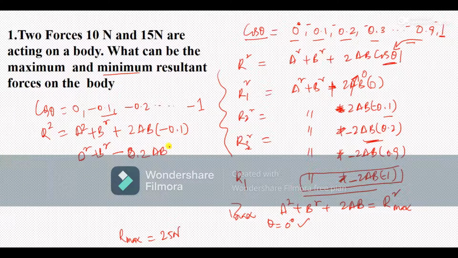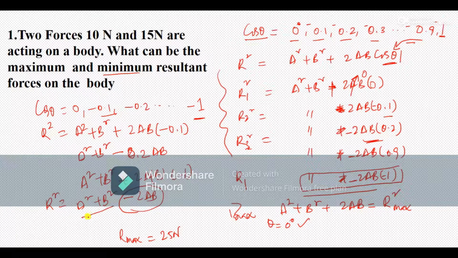Similarly, if you take cos theta equal to minus 1, what happens? A squared plus B squared plus 2AB into minus 1. So this is equal to minus 2AB. It is A squared plus B squared minus 2AB equal to R squared.